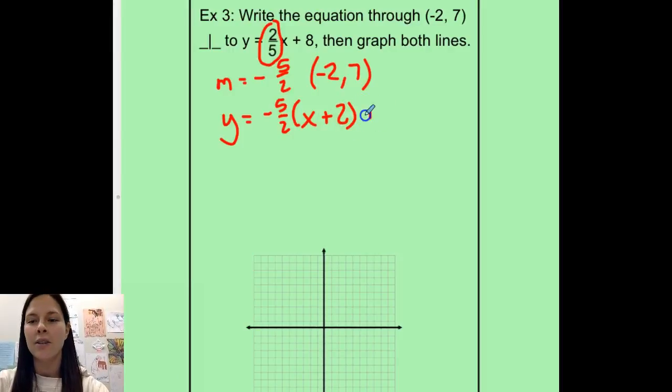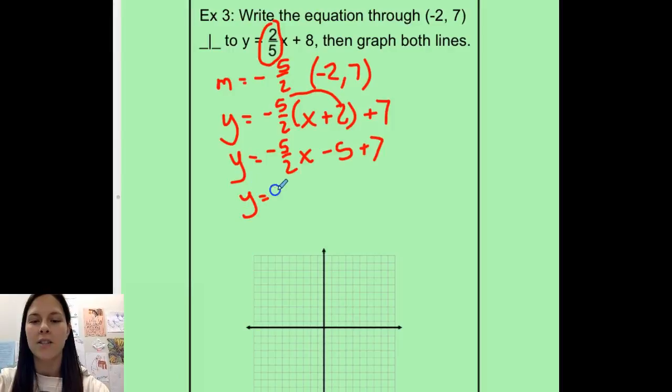That +7 goes on the outside and stays normal. Distributing that -5/2. When we distribute it to the 2, the 2's will cancel, leaving us with -5. Combining our like terms, we get a +2.